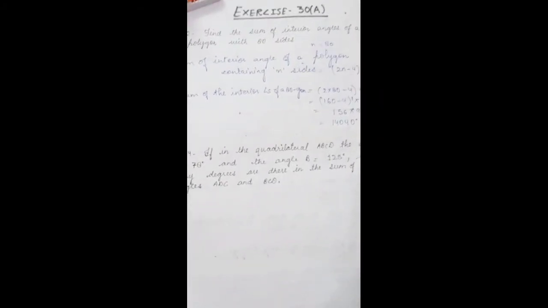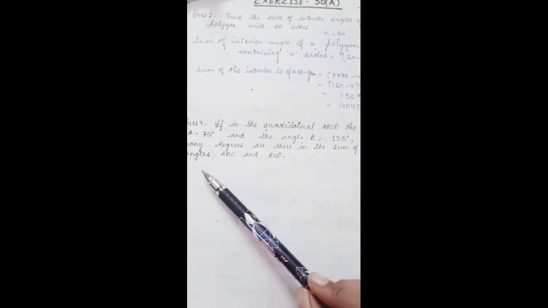Next question. If in the quadrilateral ABCD the angle A is equal to 78 and the angle B is equal to 125 degrees, how many degrees are there in the sum of the angles ADC and BCD?